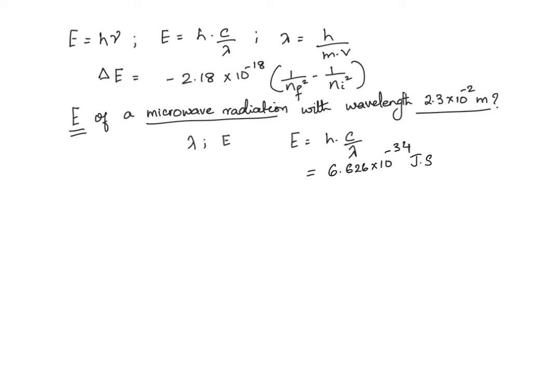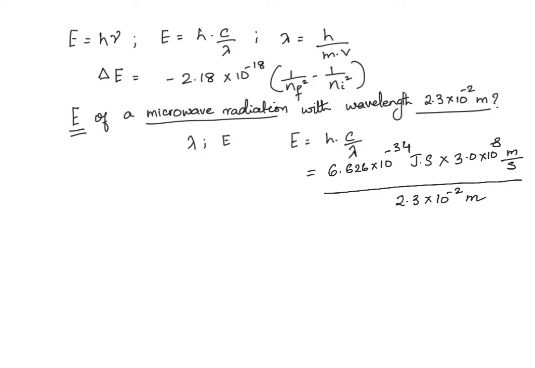This is Planck's constant, and this value is on the periodic table that I gave to you, multiplied by 3.0 times 10 raised to 8 meters per second. This is the speed of light, and this is also on the periodic table that we gave to you, divided by lambda, which is 2.3 times 10 raised to negative 2 meters, and this is the wavelength given to you.